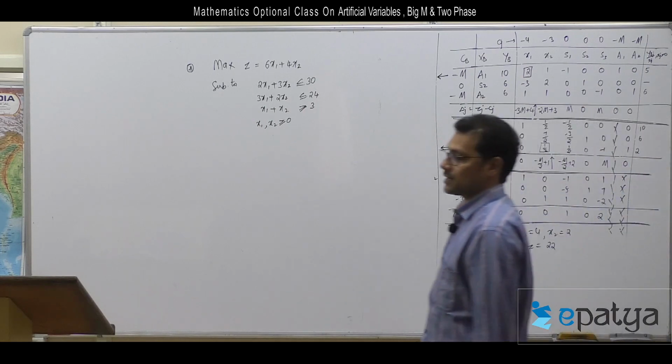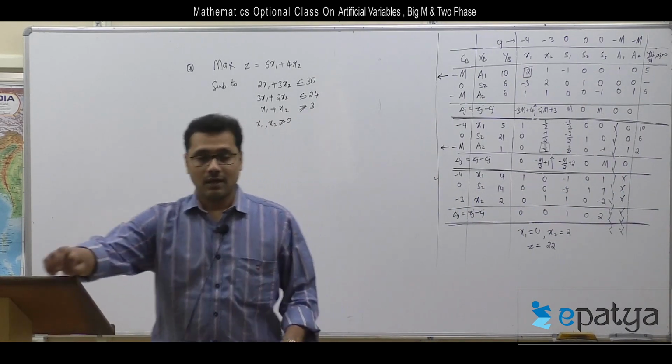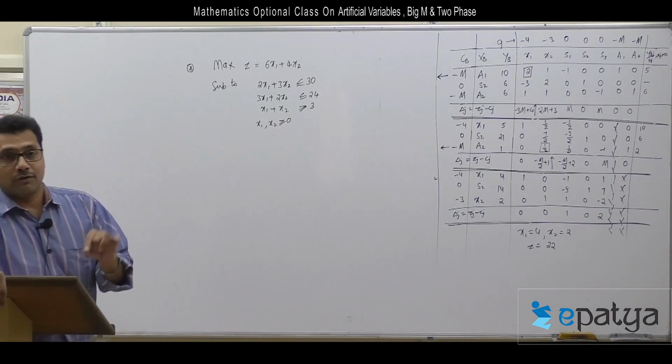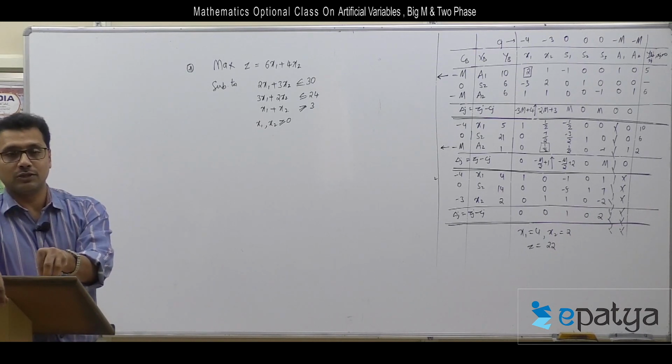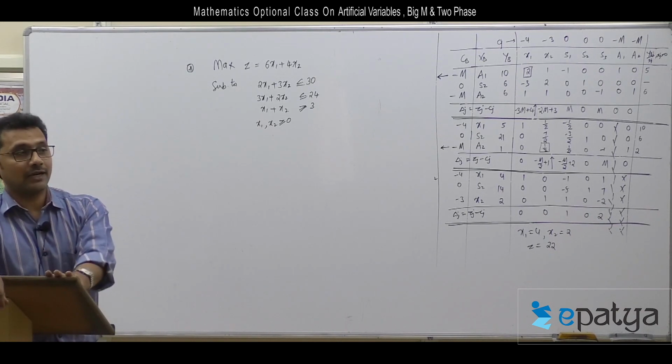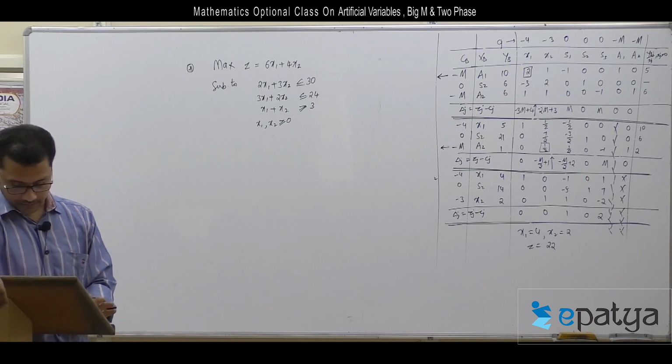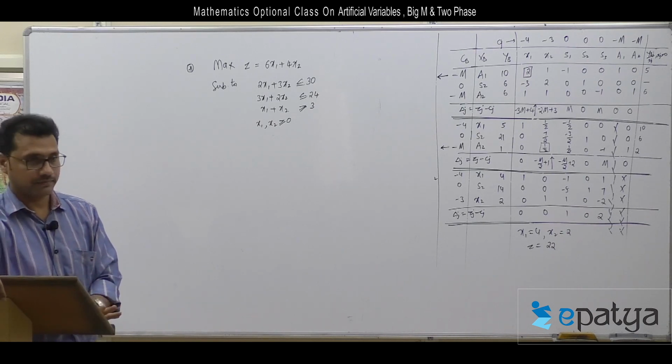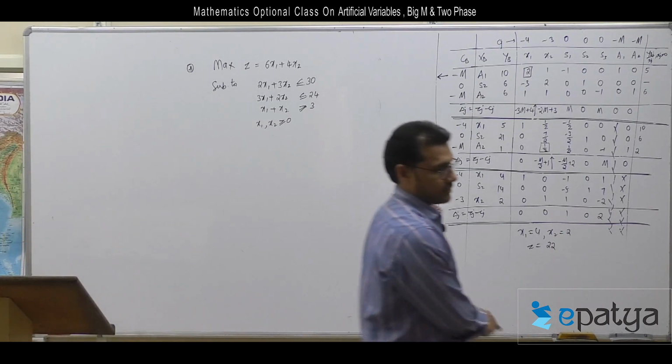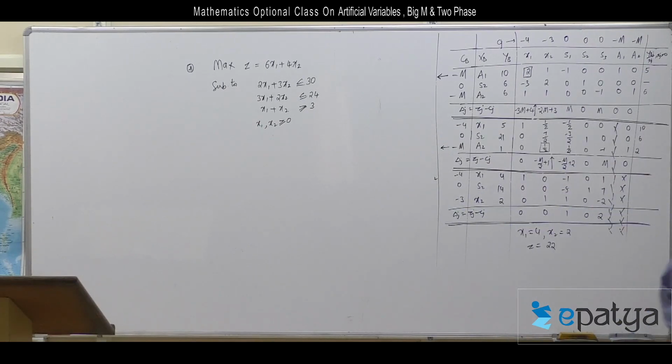How do you know that there is an alternate solution? Net evaluation of non-basis variable is 0 at optimality. At optimality, what is that? x2. Okay. So, x2 is 0, net evaluation at optimality. Therefore, you get an alternate solution also.